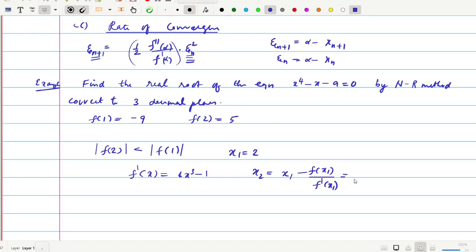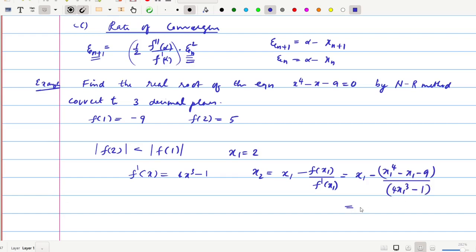So x2 is equal to x1 minus f of x1, which is x1 raised to 4 minus x1 minus 9, divided by f dash x1, that is 4 times x1 cube minus 1.